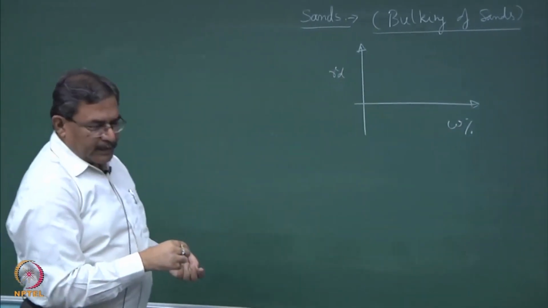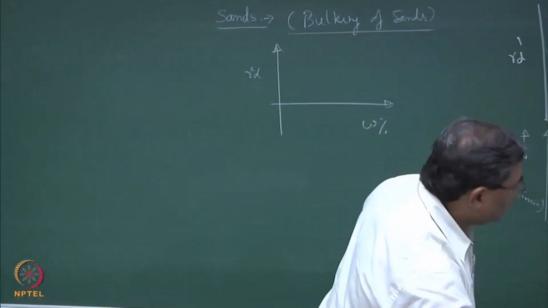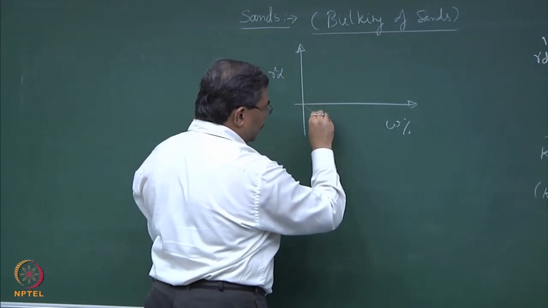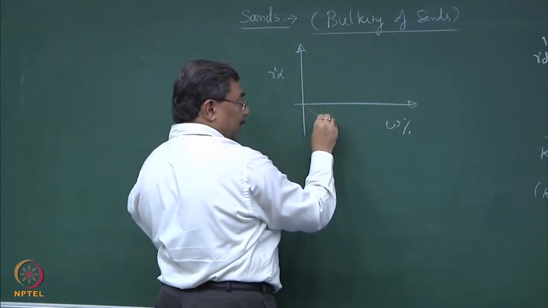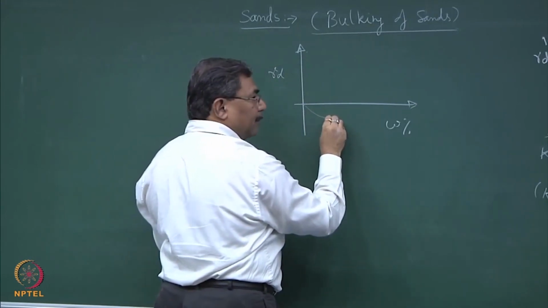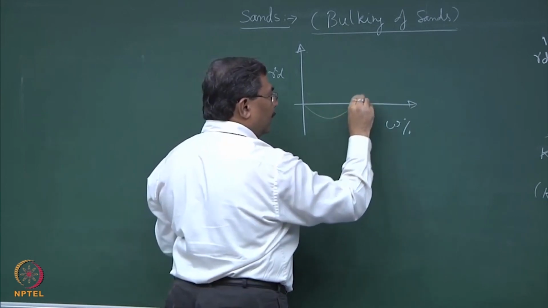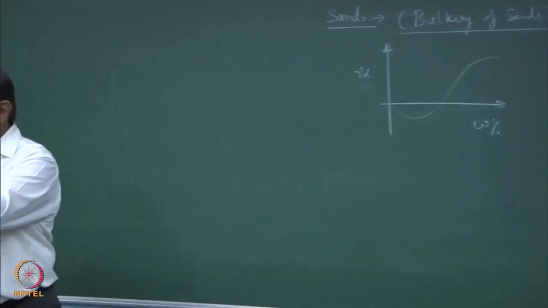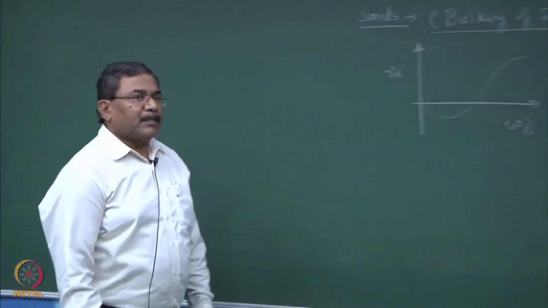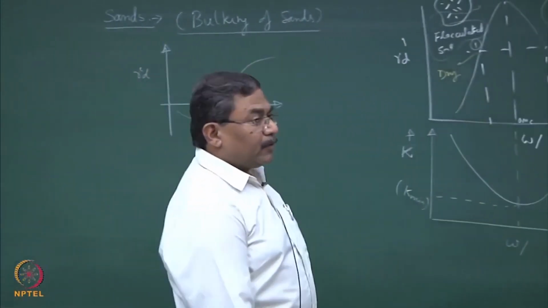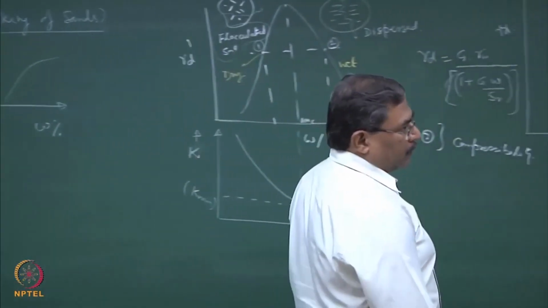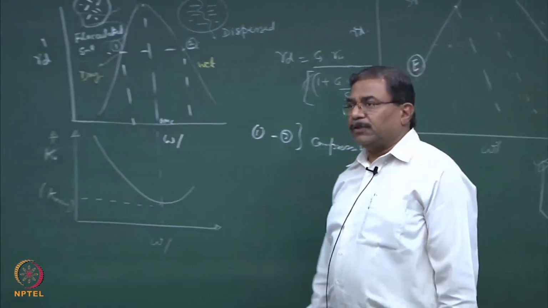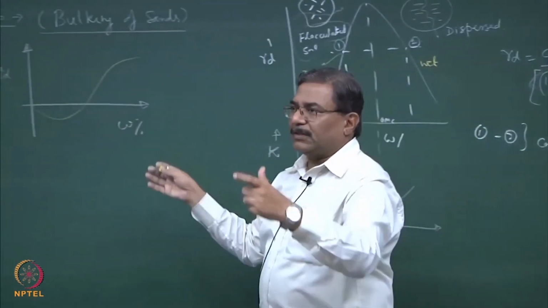What is observed is that initially the gamma d decreases when you add moisture into sands or sandy soils, attains a minimum value of gamma d, and then it rises. This behavior is known as bulking. We will be analyzing this behavior based on the shear strength theory in the second course, which is going to be more rigorous than the first course. This is an introduction to the subject.